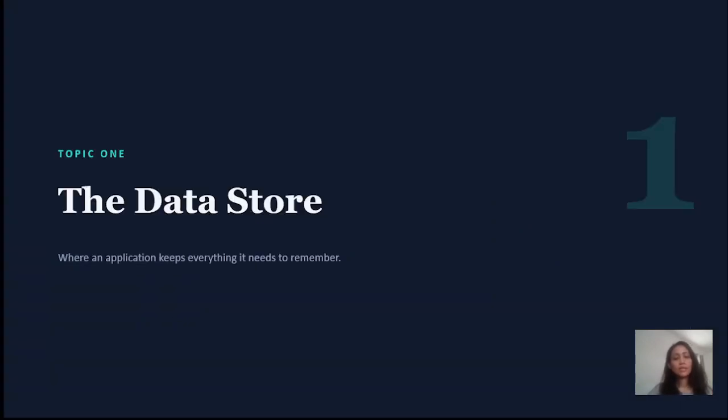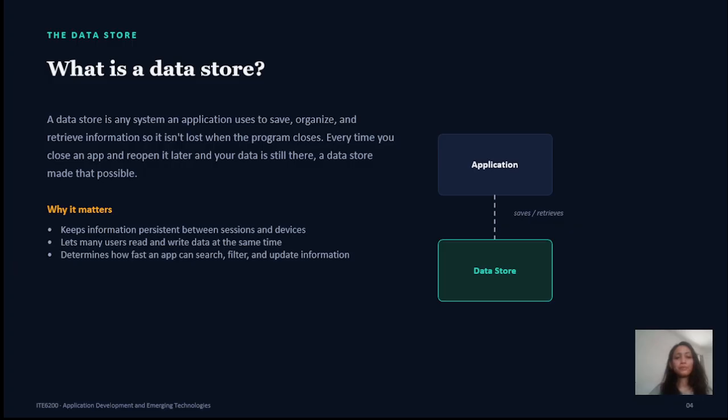Now let's discuss the data store, where an application keeps everything it needs to remember. What is a data store? A data store is any system an application uses to save, organize, and retrieve information so it isn't lost when the program closes. Every time you close an app and reopen it later, your data is still there.